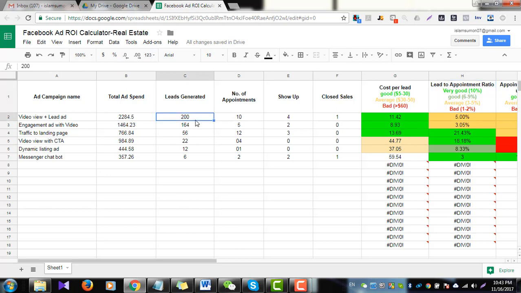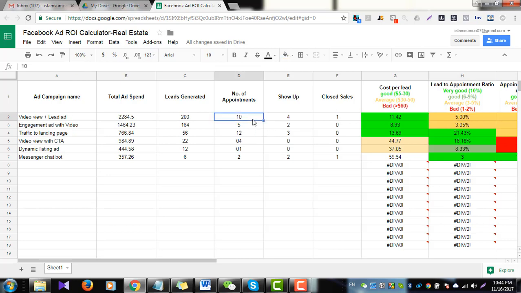Let's say you called or reached out to these 200 leads somehow, and then out of these 200 you were able to close 10 people. Okay, so that means your lead to appointment ratio is 5%, which is called average. That's why it's yellow marked, which is not bad or not so good either.